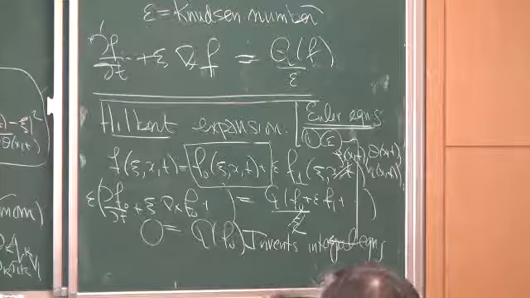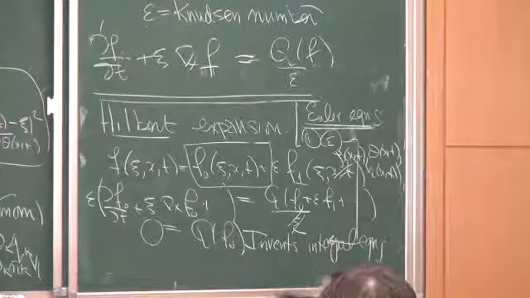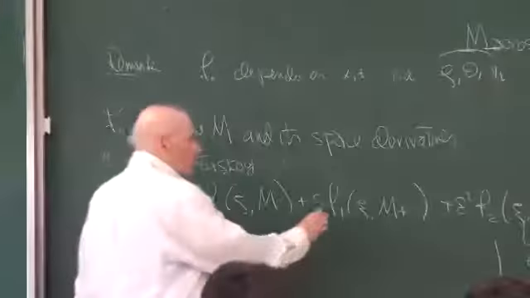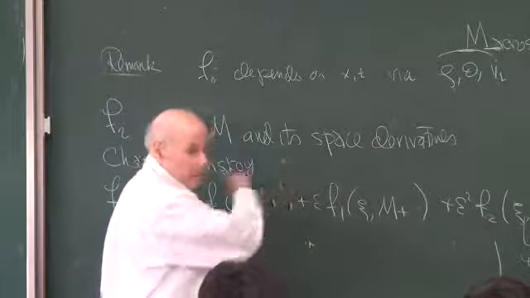Very good way of thinking of it. So Chapman and Enskog do this expansion, around 1910 plus or minus epsilon.